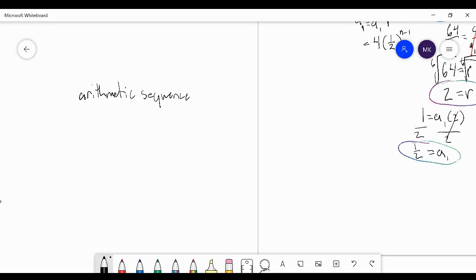We'll say that a sub 3 equals 31, and that a sub 8 equals 56.